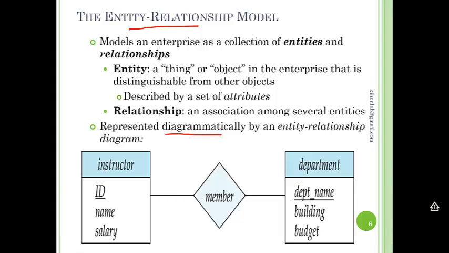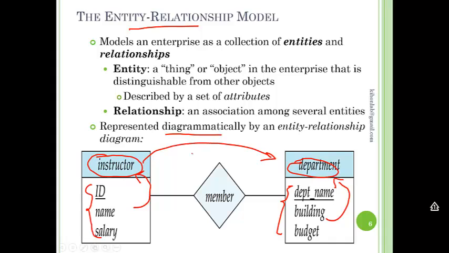So instructor, that is the entity, is represented in the rectangular box, and these are its attributes that identify the instructor. Similarly, here is the entity department and these are its attributes. These attributes identify the department, and the relation between these two entities is named member.